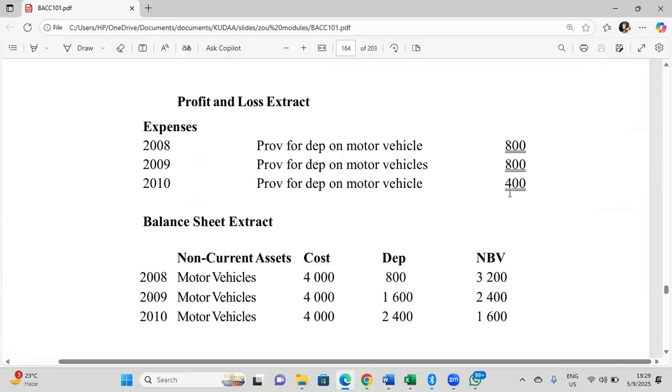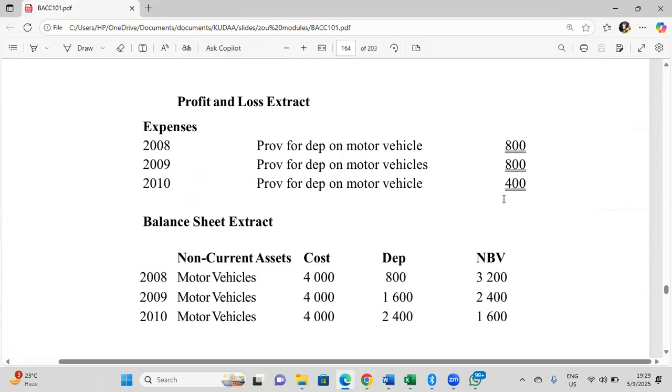I'm thinking for the calculation, there's actually an error here. The profit and loss is the straight line. The expense is not going to change. In fact, the expense for 2010 is going to be higher. There's going to be the depreciation expense of 800 plus the loss on disposal, because loss on disposal is an expense.